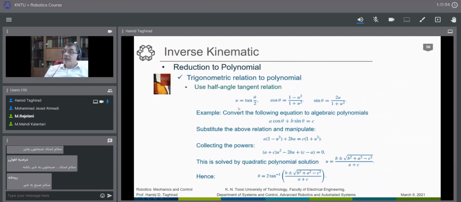If you use the half-angle tangent relation, tangent of theta over 2 as a new variable u, then cosine of theta is (1 minus u squared) over (1 plus u squared), and sine of theta is 2u over (1 plus u squared).